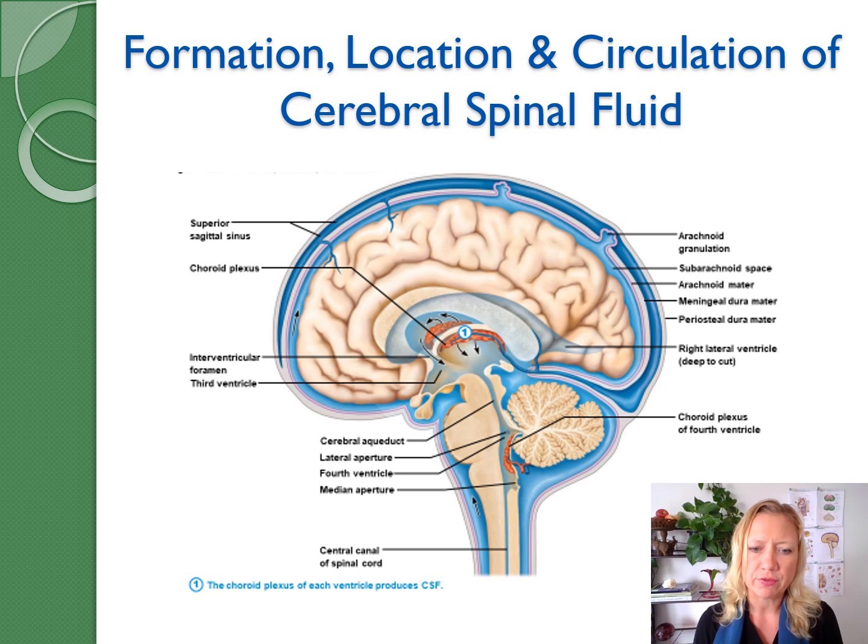So choroid plexus of each ventricle produces cerebral spinal fluid, and then I want to note the arrows, the arrow of that flow. Looking at the front, looking at how it comes up and around the back. Kind of a neat one to pause and take a look at for a moment. So go ahead and pause here for a couple moments and come on back when you're done checking that out.